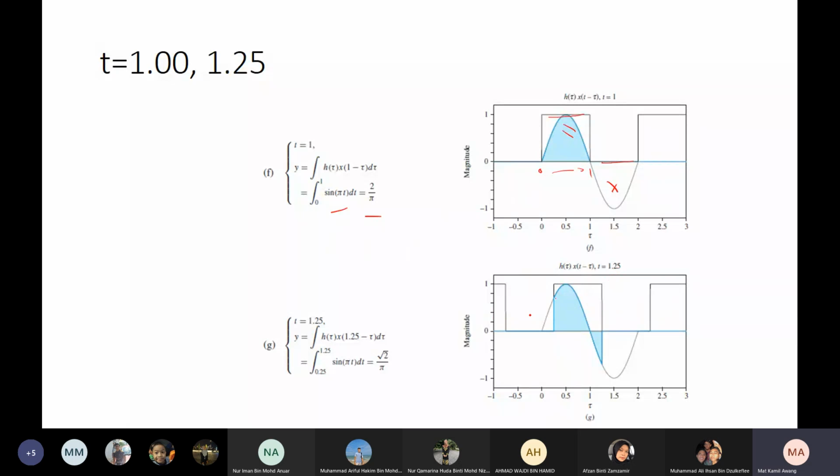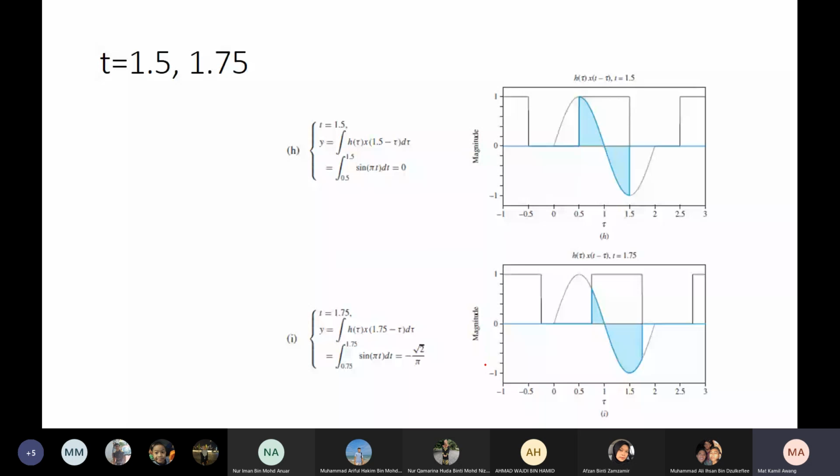For t equal to 1.25, this area and this area, from 0.25 to 1.25, you get pi over 2, square root 2 over pi. And same thing with this one, this equals 0. So you just do the integration, and this is minus square root 2 over pi.